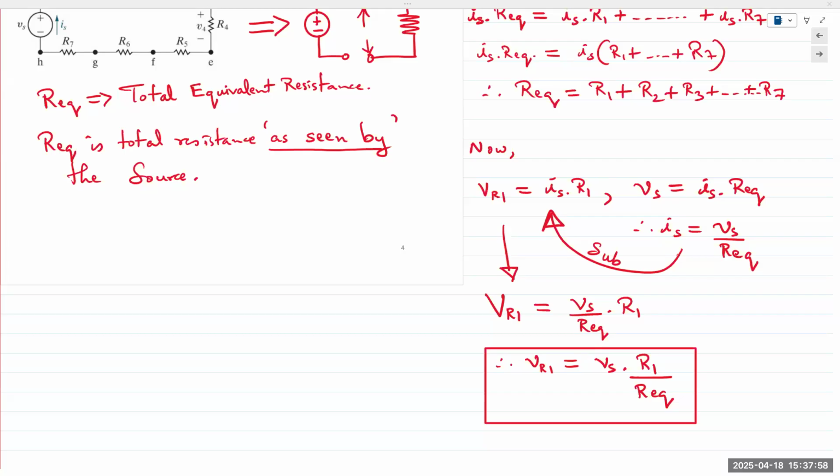Because when it's part of a larger circuit, there might be some portions of the circuit that are in parallel, some portions that are in series, and some portions that are neither series nor parallel. So we should be able to recognize which portion is in series, which is in parallel, and quickly apply voltage division or current division, that we'll see later, and determine the voltages and currents. So that's what the voltage division principle is.